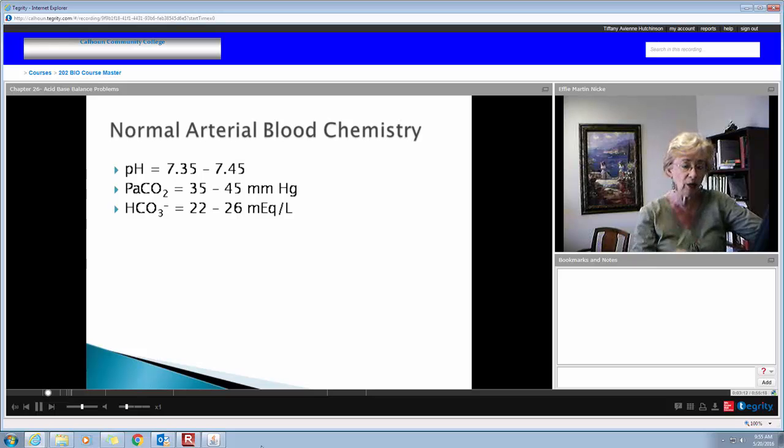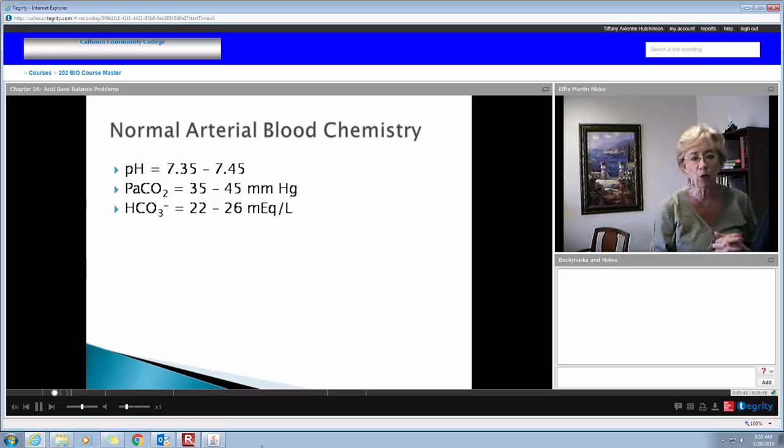We're going to review pH in just a minute. The other value you're going to look at is the pressure in the arteries exerted by the gas carbon dioxide. And the pressure, it's a partial pressure. A partial pressure is just knowing that there's other gases and other things contributing to the pressure, but here is its part. So carbon dioxide as a gas contributes about 35 to 45 millimeters of mercury in a homeostatic range.